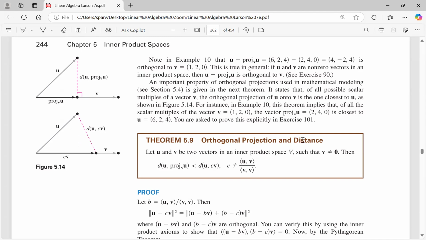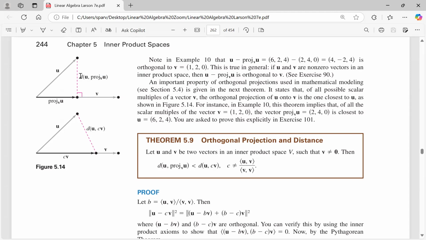Now, the orthogonal projection and distance. So we have two vectors in the inner product space, and v cannot be zero because then you get division by zero here. Then the distance between the two vectors, u and the projection, that's this one right up here. We want to find that distance. Well, he doesn't say how to find it. We'll look at that later.